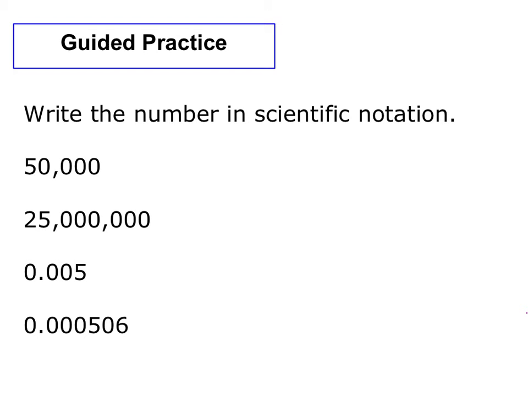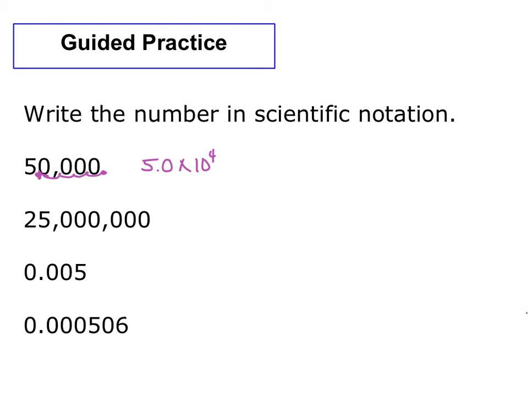All right, let's change these numbers into scientific notation. First one, 50,000. I'm going to put the decimal point after the 5. So my factor is 5.0 times 10 to the power of. My decimal point was located at the last zero, but it's been moved 1, 2, 3, 4 places to the left. So that's going to be times 10 to the power of 4.